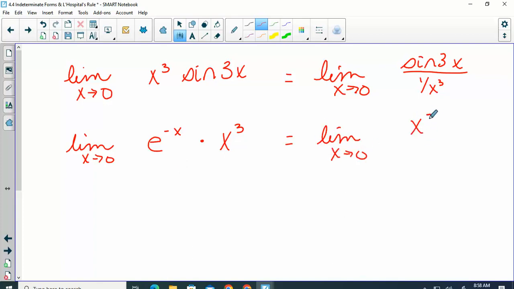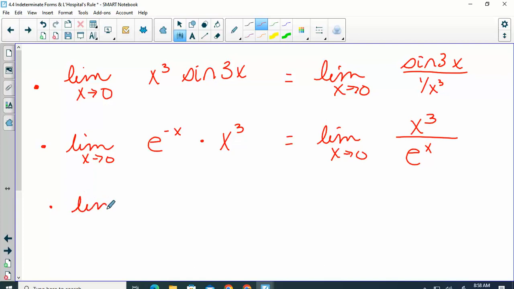Yeah, because if you do the reciprocal, doesn't that negative just mean it's on the bottom? So you look for the easy things to move. X to a power, you can make it 1 over x. If you already have something with a negative exponent in the problem, negative exponent means it goes to the bottom.